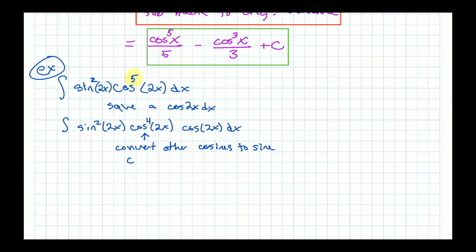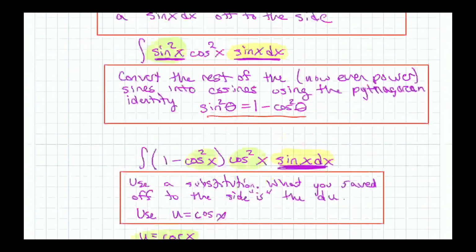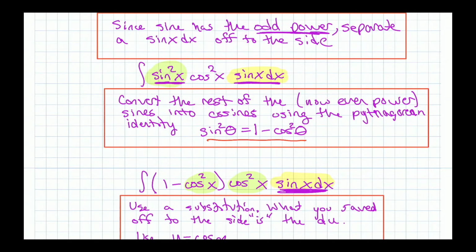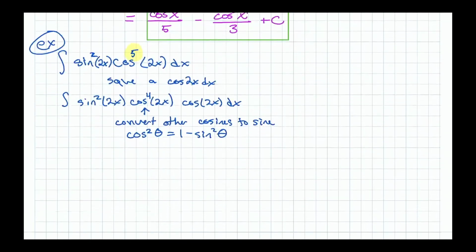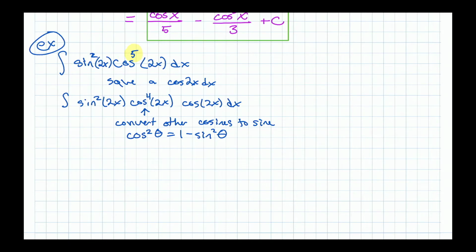We're going to use the identity cosine squared theta equals 1 minus sine squared theta, right? It's the same Pythagorean identity, just rearranged compared to the last one, right? When we did it up here, it was sine squared theta is 1 minus cosine squared. And here it's cosine squared is 1 minus sine squared.